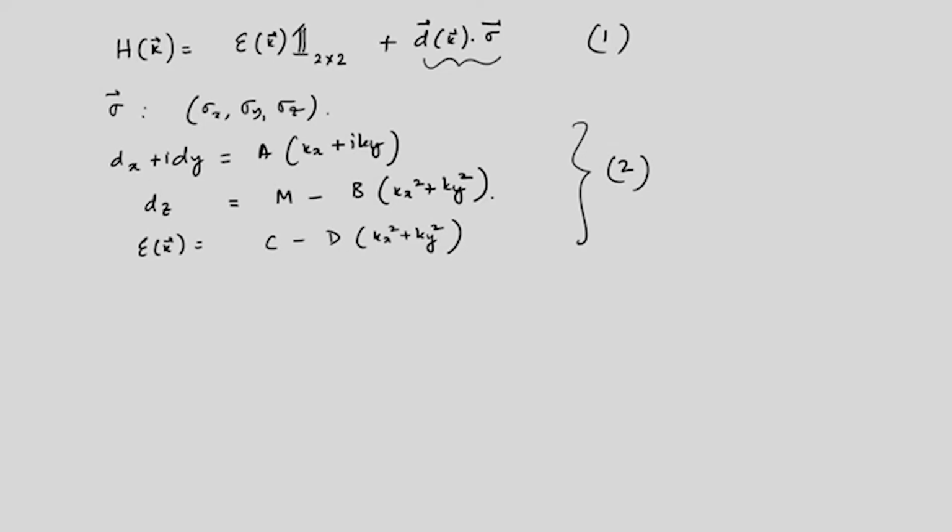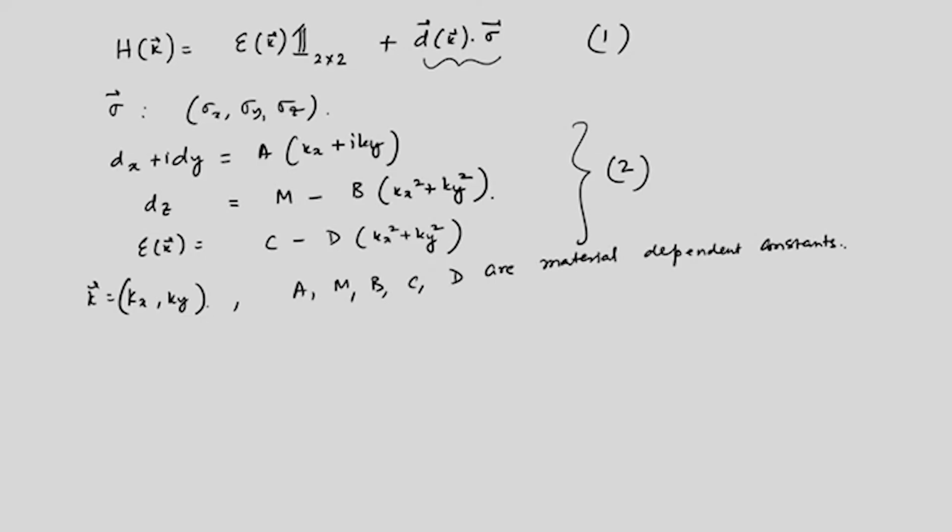Even if you have difficulty in solving it by hand, it can always be solved using software such as Python or MATLAB, Mathematica, etc. k is nothing but a 2-dimensional momentum, kx and ky, and a, m, b, c, d are material dependent constants. So, they can remain as constants.